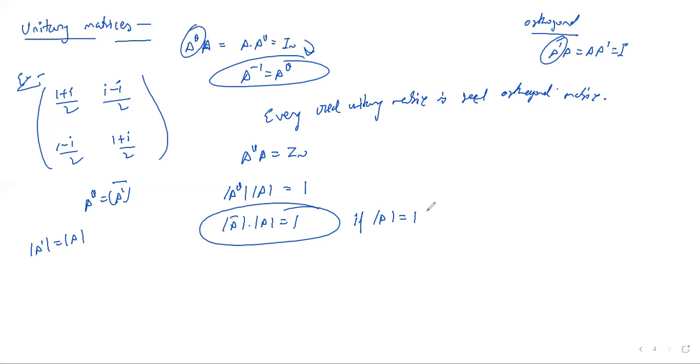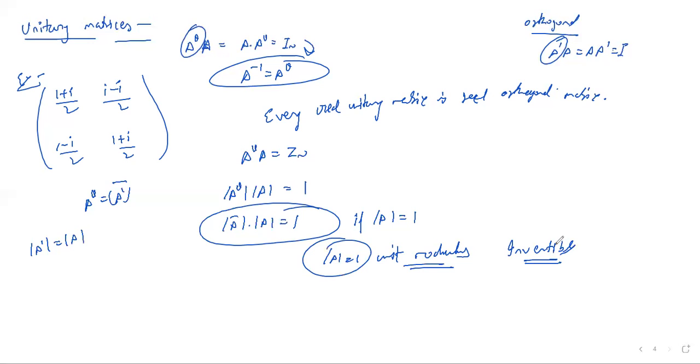Thus, we can say that the determinant of a unitary matrix A is of unit modulus, and hence A is non-singular and invertible. Okay, so what we are saying is that the determinant of a unitary matrix is of unit modulus, and as it has determinant of unit modulus, it is invertible.